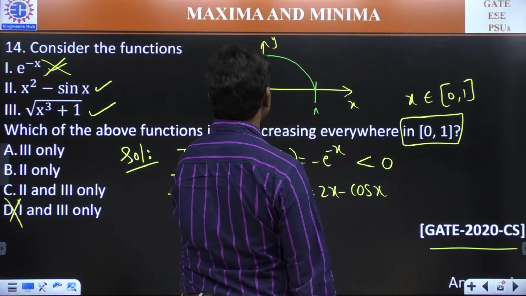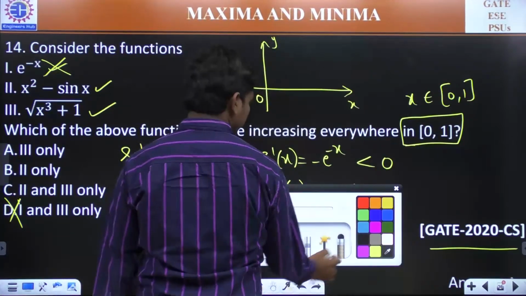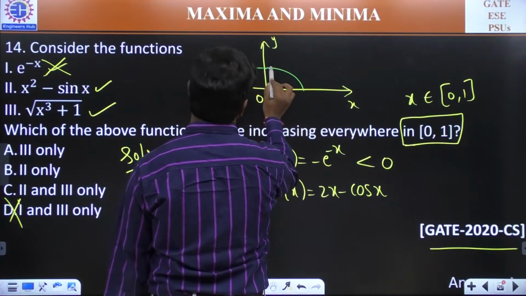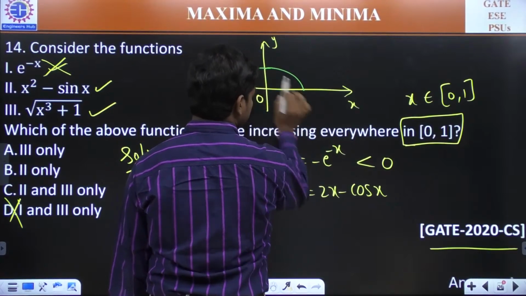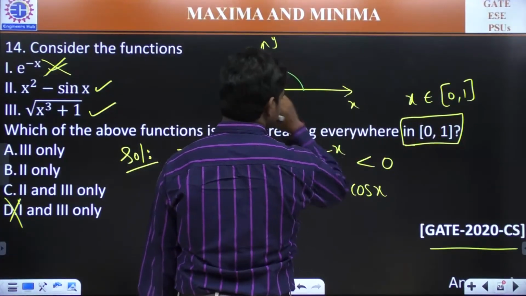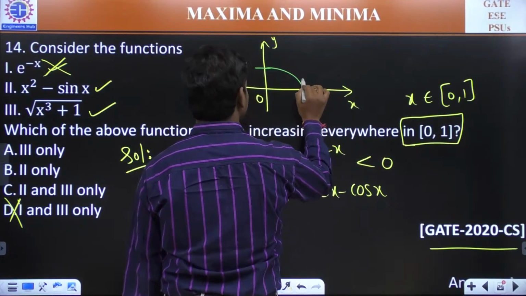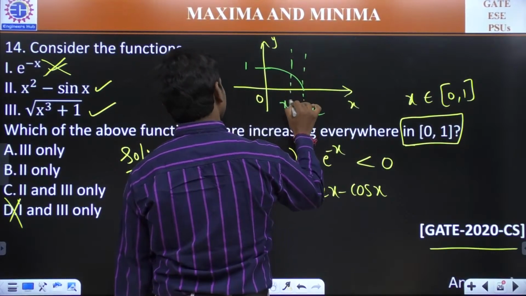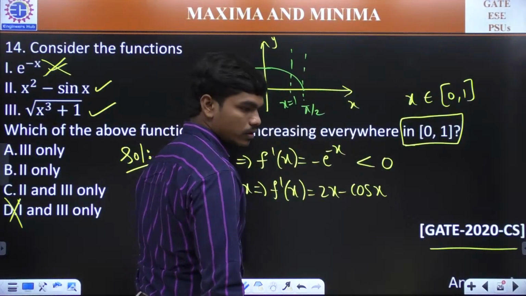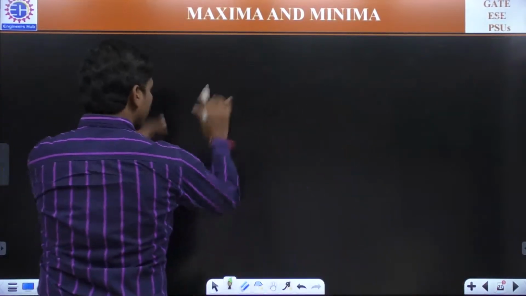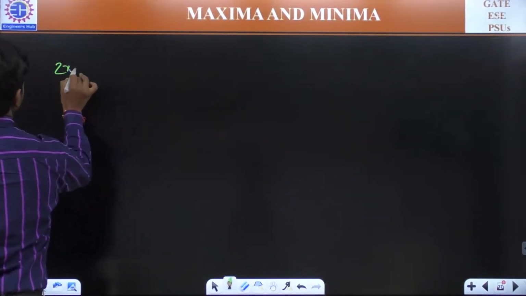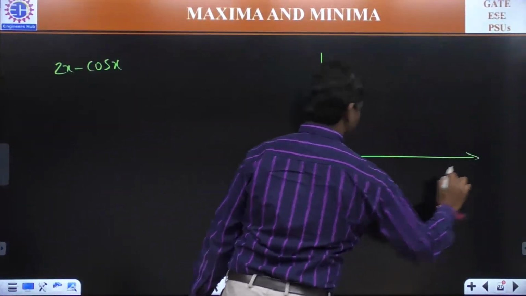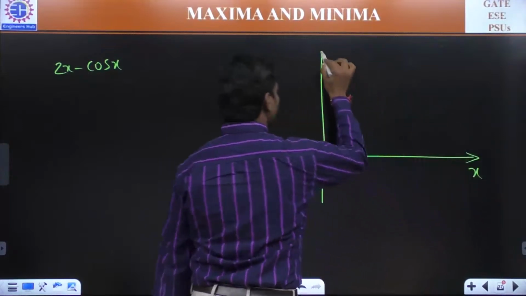So, see here. This is y is equal to cos x, and this value is 1, because the maximum value of cos x is 1 and the minimum value within this interval, since this is less than pi by 2, this is pi by 2, so x is equal to 1 is somewhere here. Correct? So let me elaborate this graph so you can feel something. We want to know whether 2x minus cos x is positive or negative. Correct? So see here. 0, x, y.